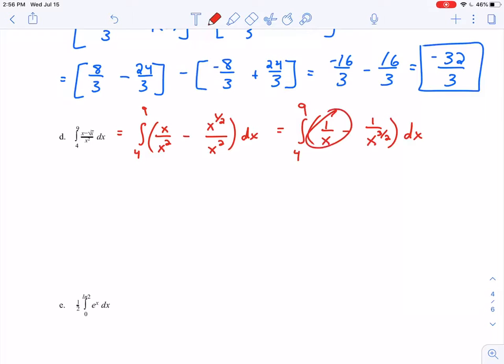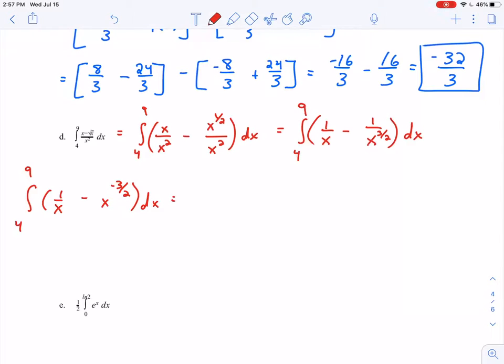I know what this guy is going to look like. The antiderivative of 1 over x, we know, well, of course, that's natural log. Antiderivative of this guy, though, maybe I'm not so sure. I should rewrite that with a negative exponent. So let me do that very quickly. 4 to 9. Got 1 over x minus x to the negative 3/2 dx.